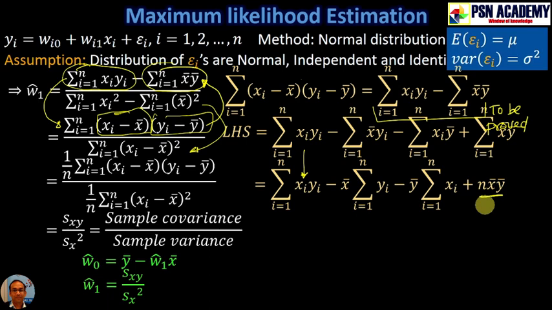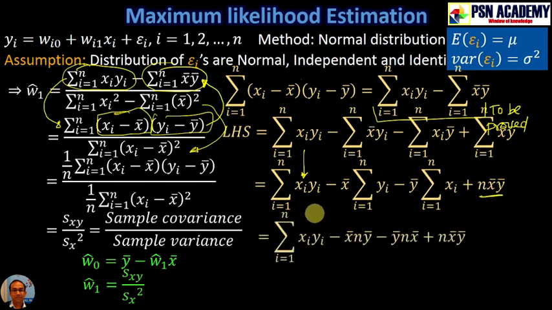You already know that. So this part remains same, and this part is x bar, this is x bar, and this summation of yi will be n times y bar, right? Here also y bar is here, and this is n times x bar, and this is n times x bar y bar.